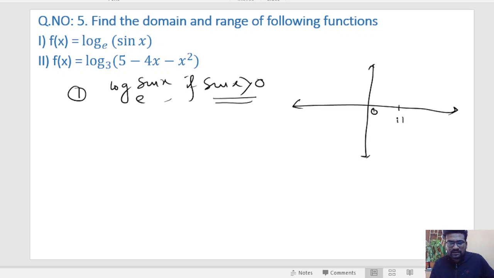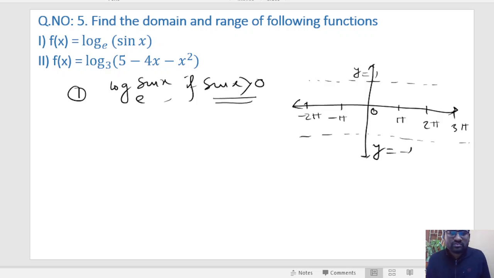This is pi, this is 2 pi, and this is 3 pi, and on the negative x-axis pi, minus 2 pi. This is the line of y equals to 1, and this is the line of y equals to minus 1. Okay, we also know how to draw the given function.